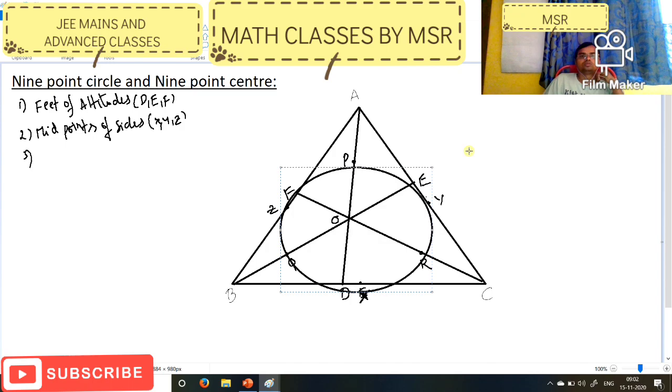So circle passes through all the 9 points. It does not seem to be like a circle, but please adjust.